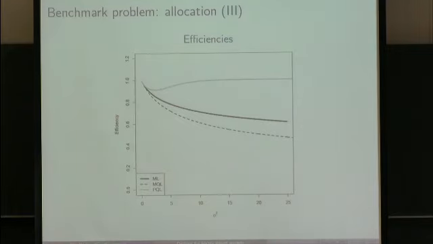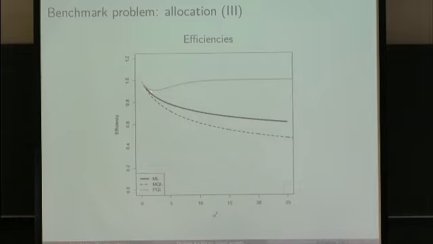If we work out the same thing under MQL, then we get the same pattern, although we find that MQL tends to exaggerate the importance of selecting the second allocation. Under PQL, something a bit strange happens. Initially we get this decrease in the efficiency of the first allocation.